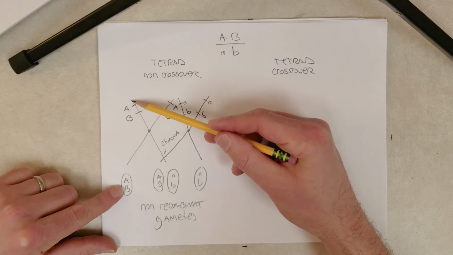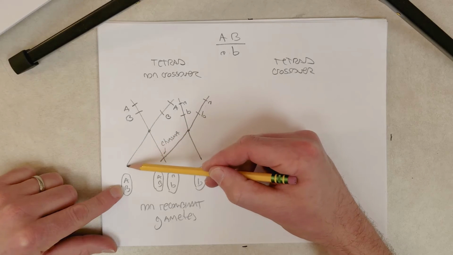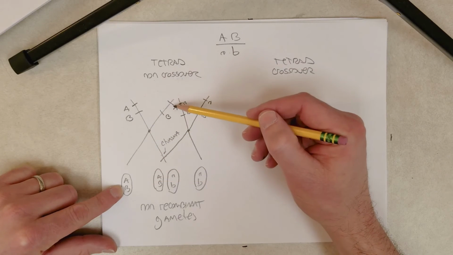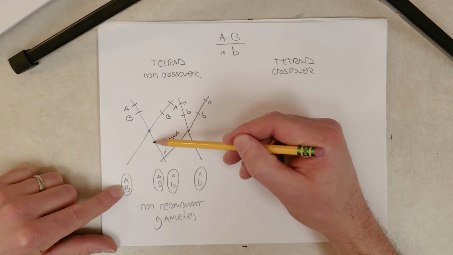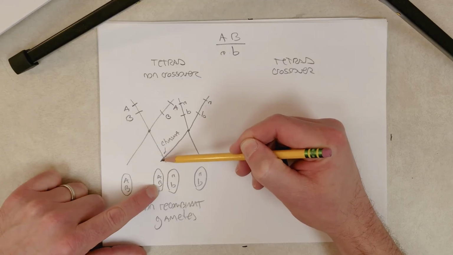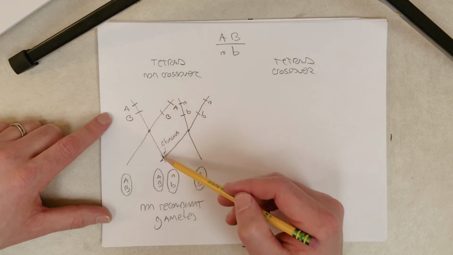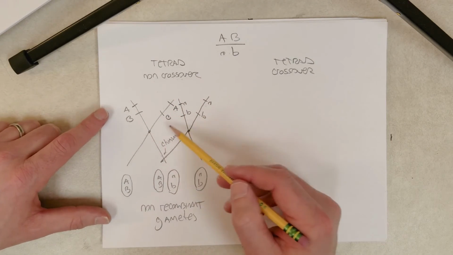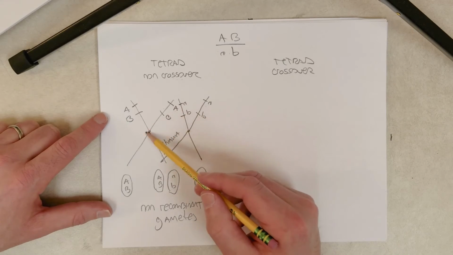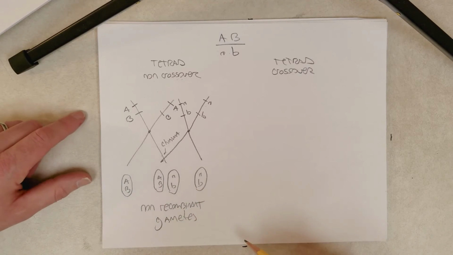Well, I like to just start at the top, see A, B, follow it down, and then there we go. For this one, A, B, follow it down, okay, A, B. And then with this point right here, I just turn back this way. So it doesn't really matter how you trace the genotypes with these sort of diagrams or trace the chromatids, as long as when you look down here, you get all non-recombinant gametes, okay?